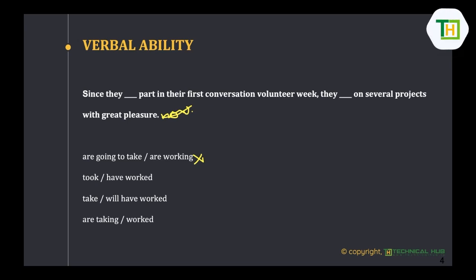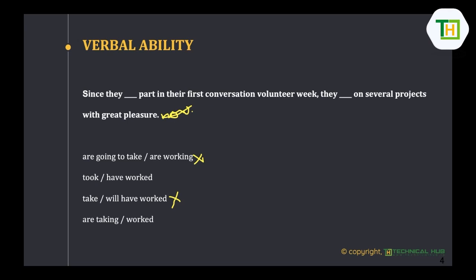Yes, it can match. Now let's see the third option also. Since they take part in their first conversation volunteer week, they will have worked. No, completely a blunder, because since they take part says it's a present simple, and they will have worked goes with the future perfect tense.